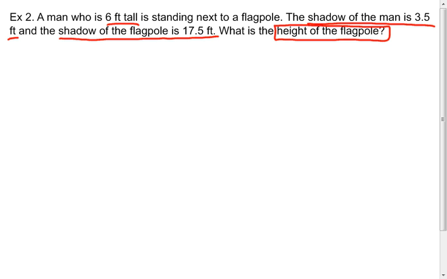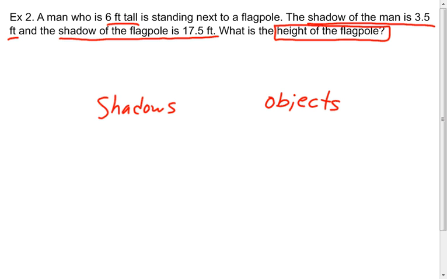Now, you can see we're talking about 2 different things. We're talking about shadows, and we're talking about objects. Okay? So, just like in the last problem, we need to make sure that stuff goes in the right positions. So, let's say that over here, we're going to put the shadows, and over here we're going to put the objects.